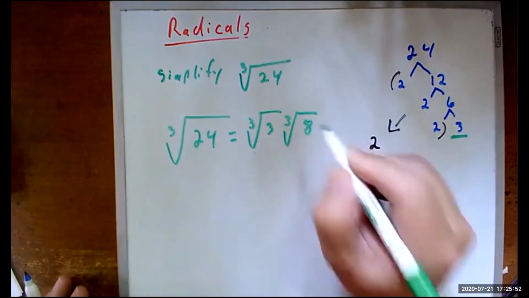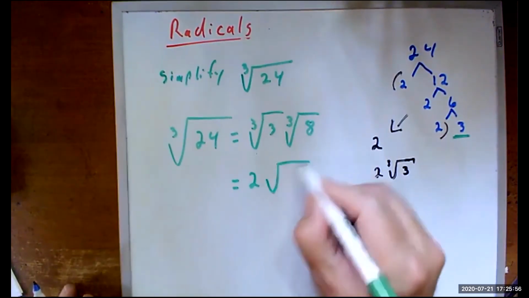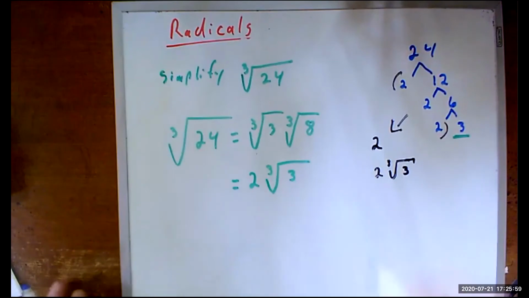Cube root 24 becomes cube root 3 times cube root 8, which just becomes 2 cube root 3. Is that better? Okay.